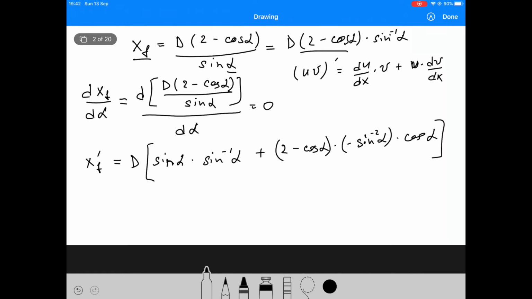Let's try to make this equation simpler. So D, what do we have here?